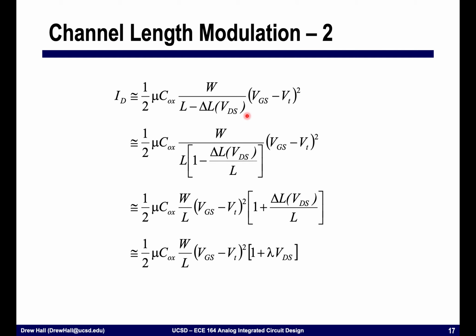If I do a little bit of math on this, factor out this L term, and then apply a Taylor series expansion, I arrive at this equation right here, where I have my ideal MOSFET, and then I have this error term, 1 plus delta L VDS divided by L. We will often call this delta L over L our lambda term. And so this is where we get this expression that has this lambda or VDS dependence on the DC operating point.